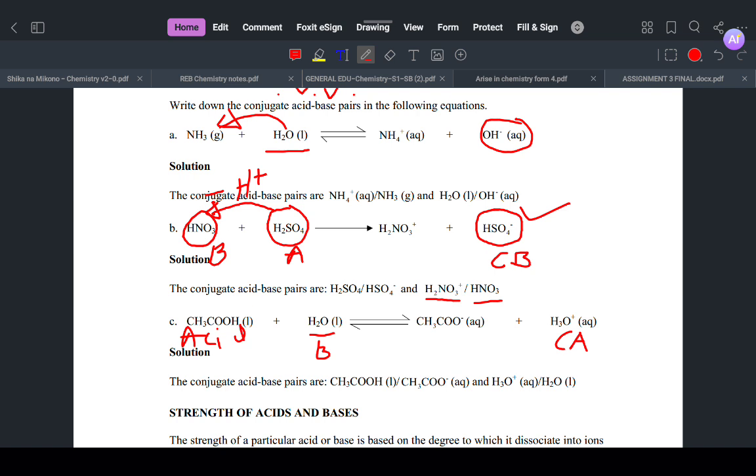When it has lost its hydrogen to water, what remains is a conjugate base. So the conjugate acid-base pairs therefore will be, you start with acid, the acid is this one here, the one with the hydrogen less than the original species is this one. It becomes our base, conjugate base.